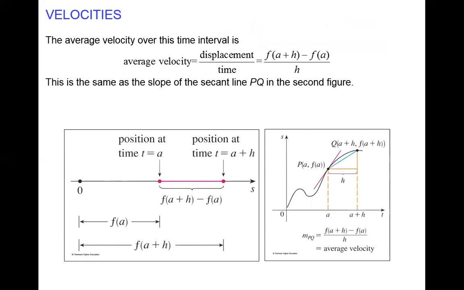now I also have the same stuff we did in chapter 1. We remember that computing average velocity is simply the distance over the time, and this corresponds to the slope of the secant line.